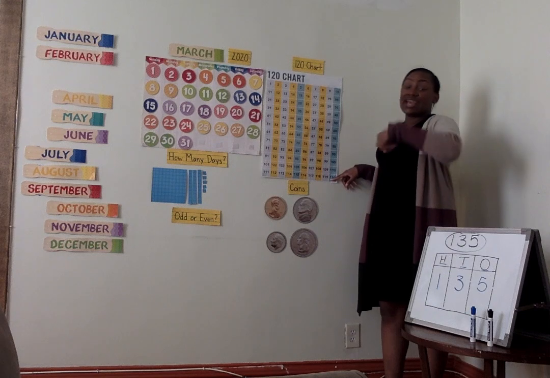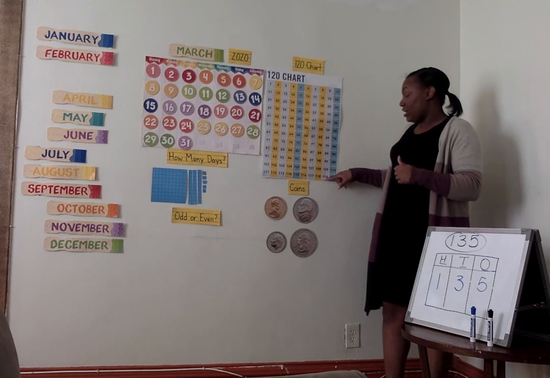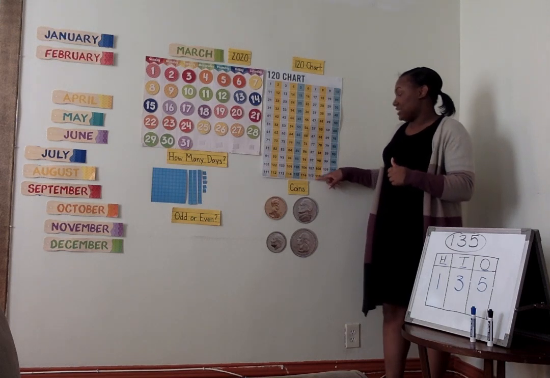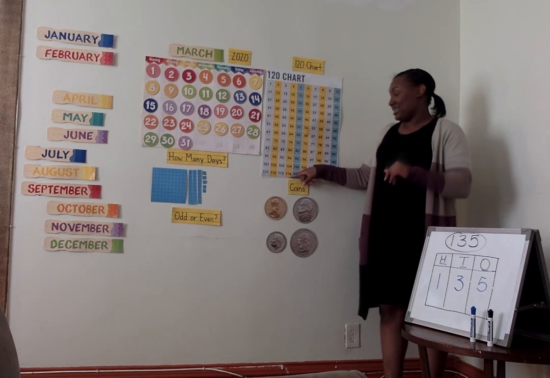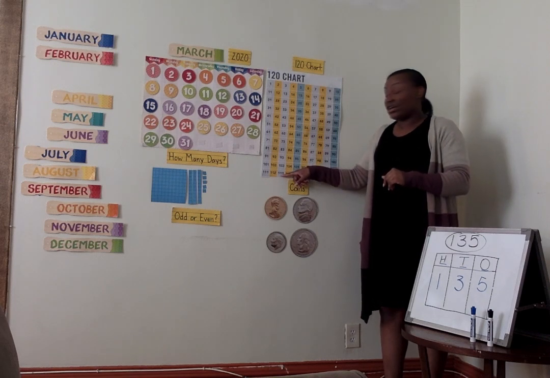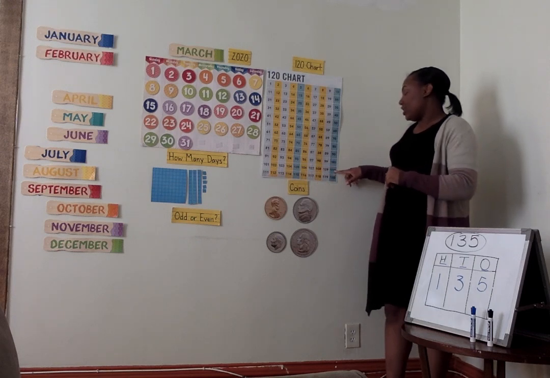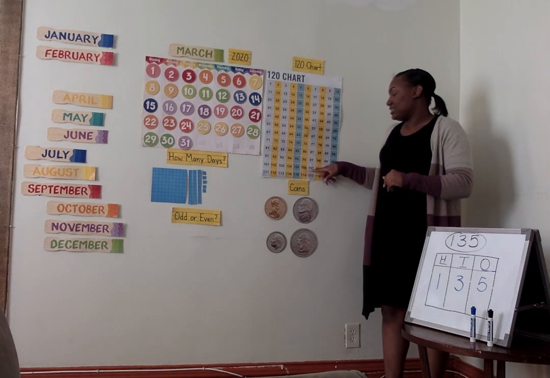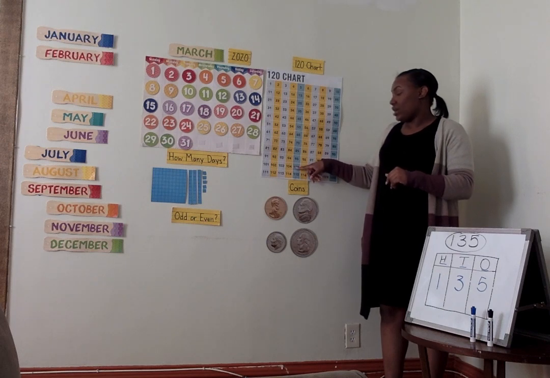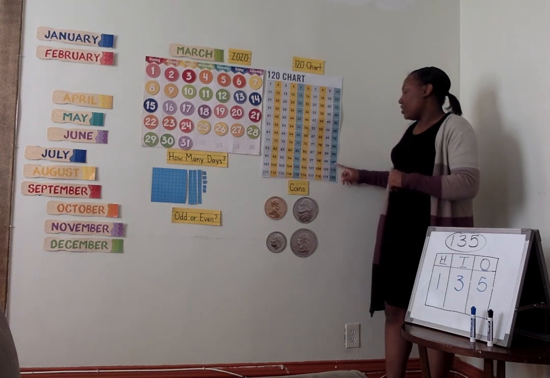Stop, switch, count back by ones. I'm going to help you. 120, 119, 118, 117, 116, 115, 114, 113, 112, 111, 110, 109, 108, 107, 106, 105, 104, 103, 102, 101, 100.